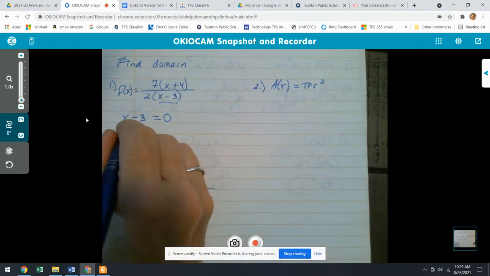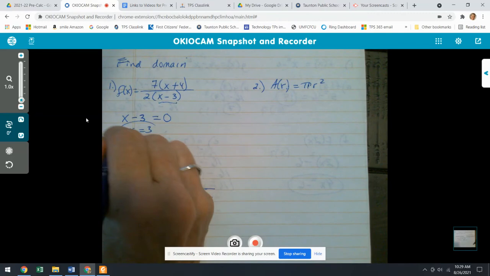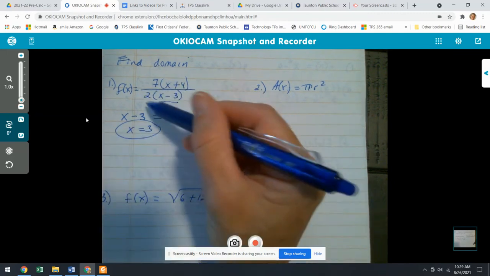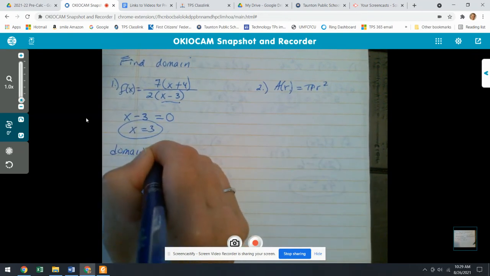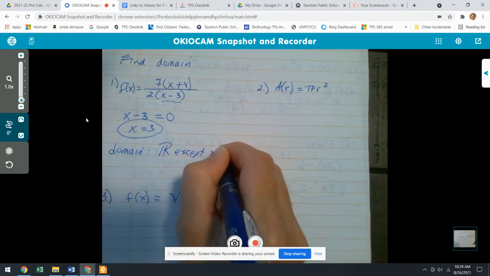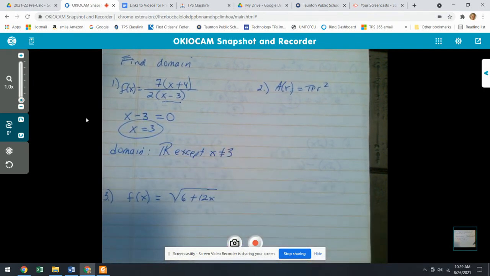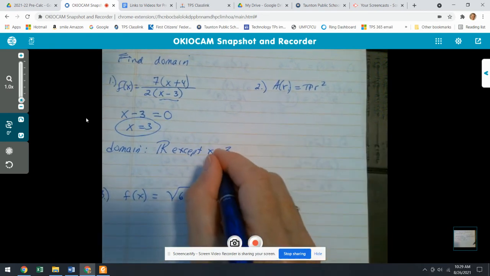If we add 3 to both sides, we find out that x equals positive 3 makes this function undefined. So for the domain, it's all real numbers except x cannot equal 3. Or you could write except x equals 3. Probably if you're using the word except, you should just have equal.